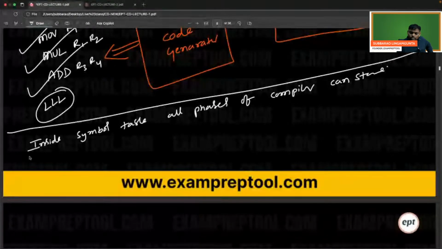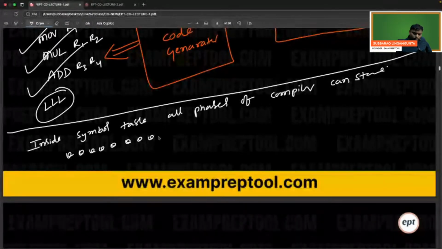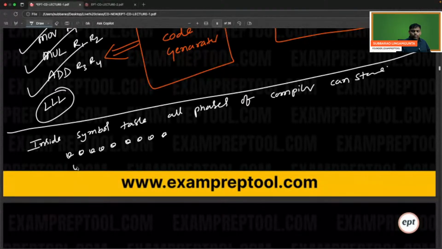So this is very, very important. Don't say semantic. If you have to select one, I think all are correct. The answer is all. It is no one's property. All can store.